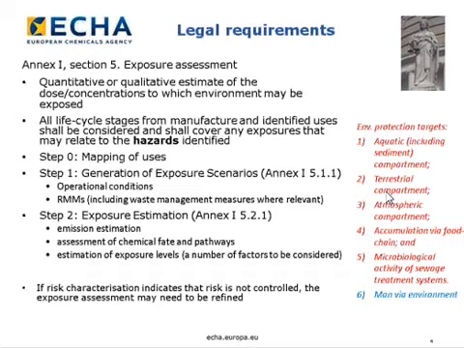REACH also specifies the protection targets: aquatic, terrestrial and atmospheric compartments, accumulation via food chains, and microbiological activity in STPs. I put here mainly the environment, where exposure information comes from environmental exposure assessment, while the human health part comes from toxicity data. But for this discussion, it's relevant because we talk about the exposure part here.